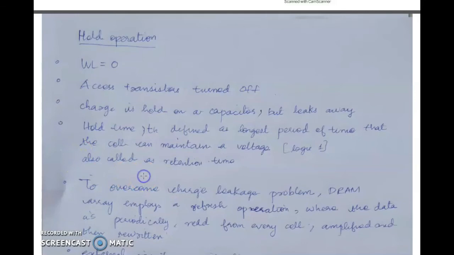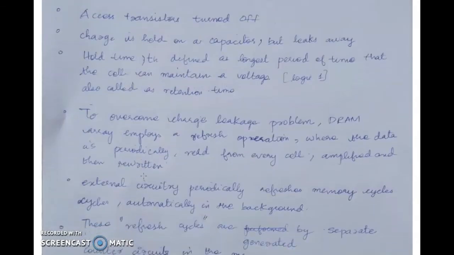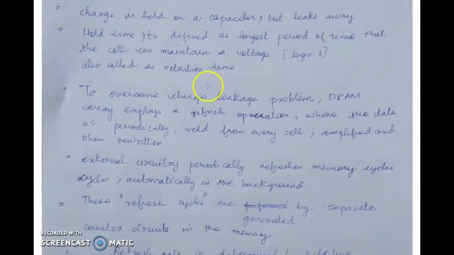To overcome the charge leakage problem, the DRAM array employs a refresh operation where the data is periodically read from every cell, amplified and then rewritten. In this way, the stored charge across the capacitor in the DRAM cell is maintained.